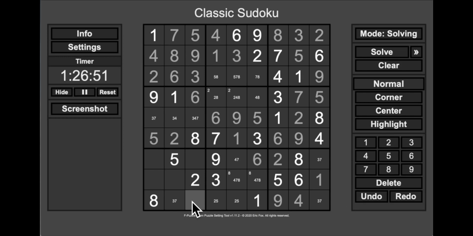Okay, this one. Let's see, this cannot be 2 or 5, or 1, 4, 8, or 9. It could be 3, 6, or 7, right?